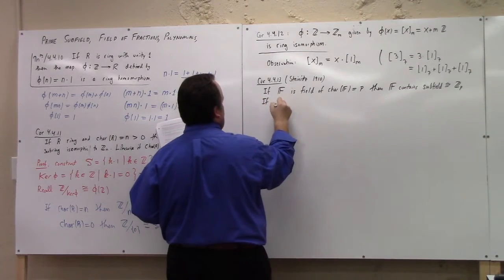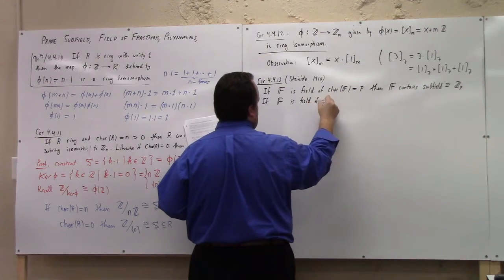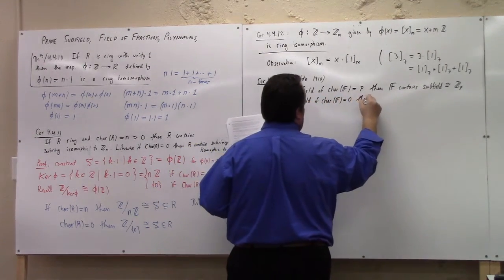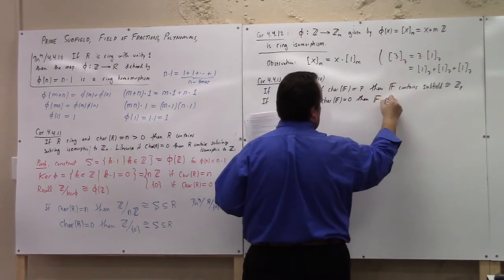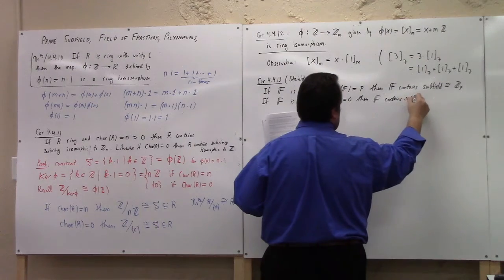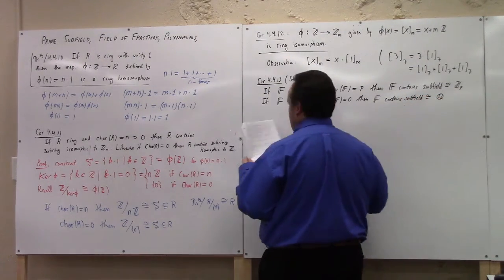Likewise, if F is a field of characteristic 0, then F contains a subfield isomorphic to the rational numbers.